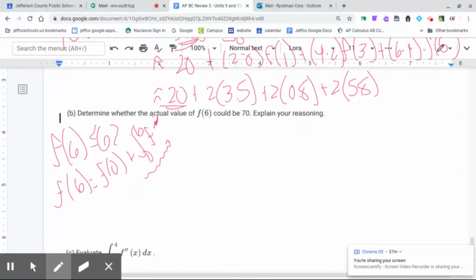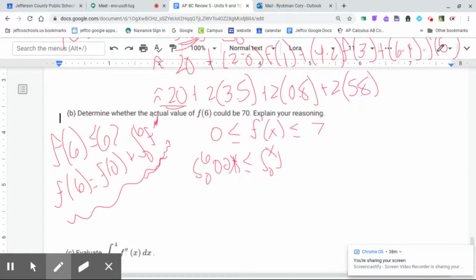Start with the fact that f prime is always between 0 and 7 as given, and you're going to build out to this and hope that it gets you somewhere. So let's start by integrating. If I integrate all three pieces from 0 to x, f prime, 0 to 6.